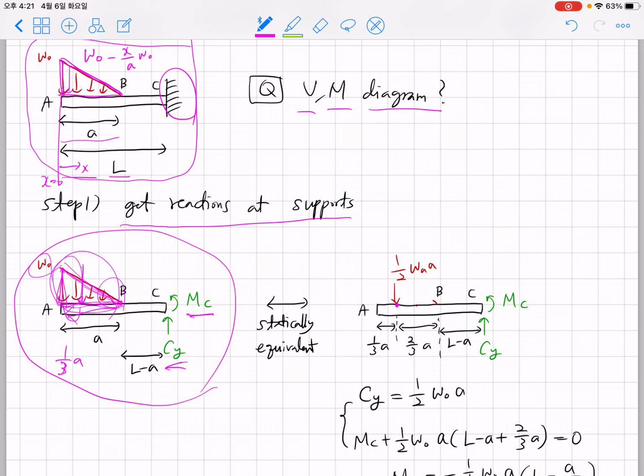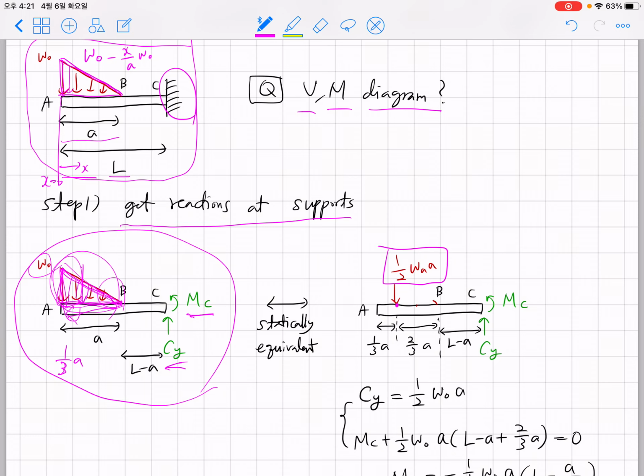So the total, no, it should not be, I think it must be more accurate. You have to multiply the average distributed loading and the length, or in other words, you simply integrate the loading over the entire length A. Then it will be the same as 1/2 W0A.